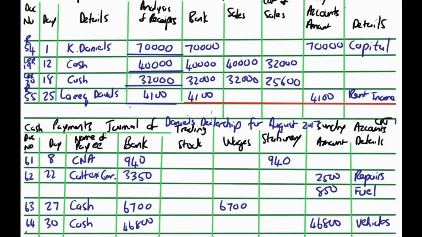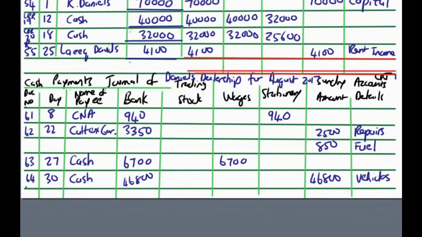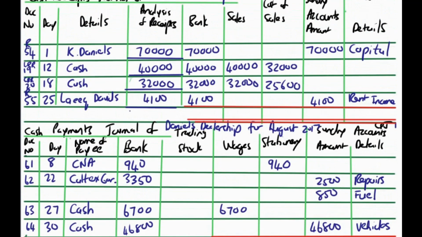I'm just doing it so that you can see it nice and clear. So that's my totals there. I'm going to do that for the CRJ. And then my totals for the CPJ. In this case, we never bought any trading stock, so I don't really have to worry about that too much. Okay, so there I've got my totals, and I would now basically just add my totals, and that would basically be the end of it.